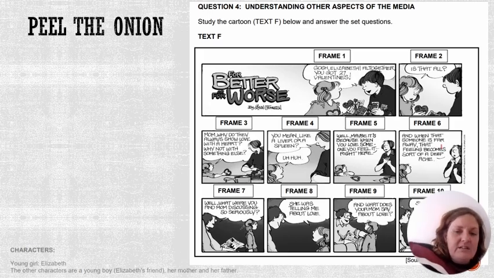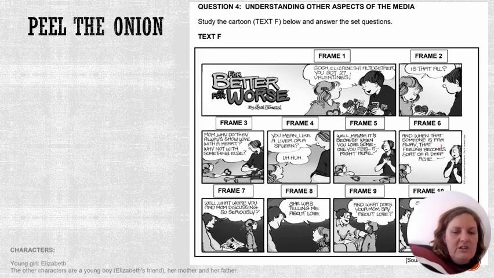And the young boy, it tells us in brackets or parenthesis, is a friend of hers. So we see, okay, not a specific setting, but specific relationships. Friend, mom, dad.